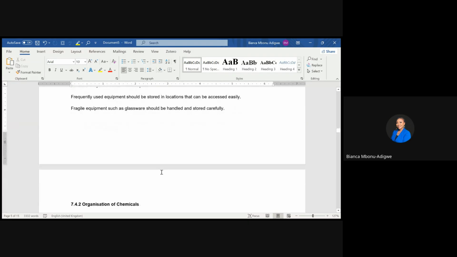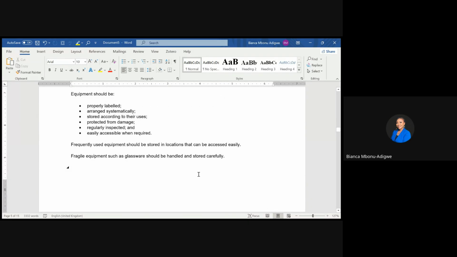Another thing I want to point out is heavy materials. In your lab, heavy materials are usually stored closer to the ground. So if you have a shelf, all the heavy materials are on the lower shelves, and then the lighter materials are up there.